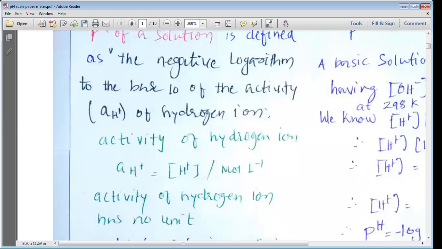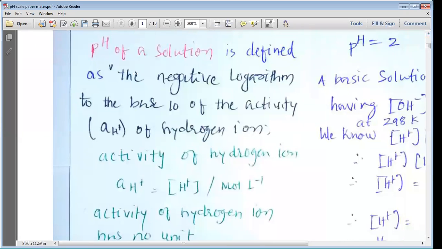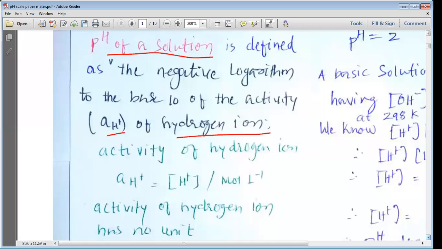So the pH of a solution is defined as the negative logarithm to the base 10 of the activity of hydrogen ions. Once again, pH of a solution is defined as the negative logarithm to the base 10 of the activity a H plus of the hydrogen ion.